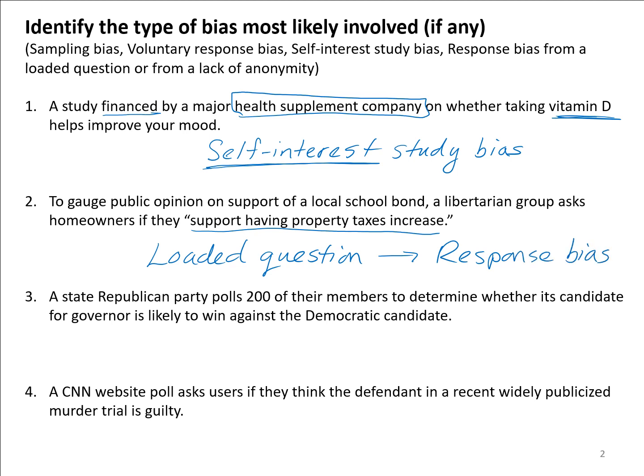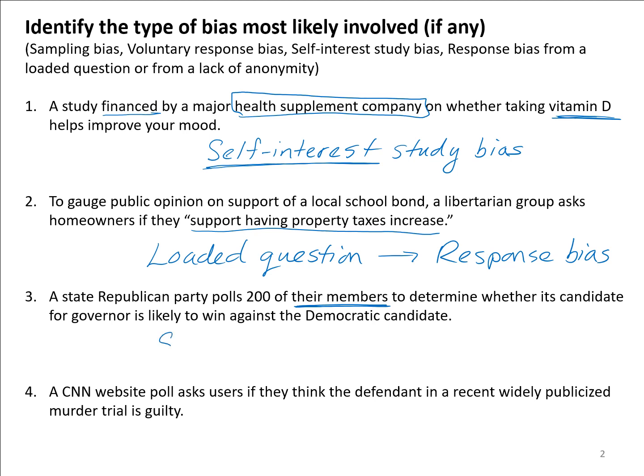Number 3, a state Republican Party polls 200 of its members to determine whether its candidate for governor is likely to win against the Democratic candidate. All right, so one thing to note here is they're only polling their members. So they're only polling the people in their party. They're not polling or getting opinions of other people who would be taking part in the election.